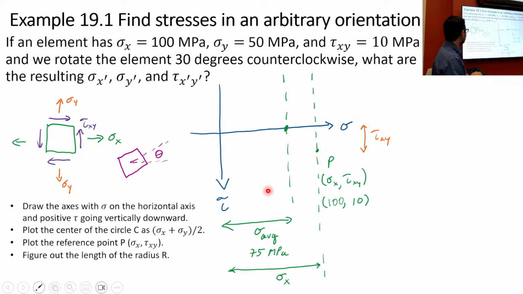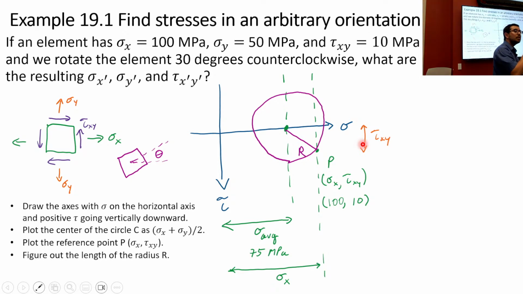We figure out the length of the radius R, and how do we do that? By using the Pythagorean theorem. This distance right here is sigma x minus the average, and then we have tau xy. That gives us the two sides of the triangle, and the hypotenuse is just going to be the square root of the sum of those squared.